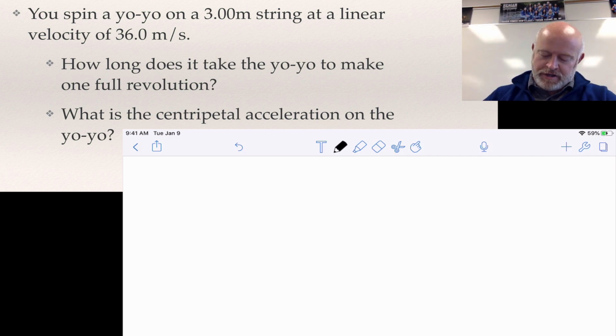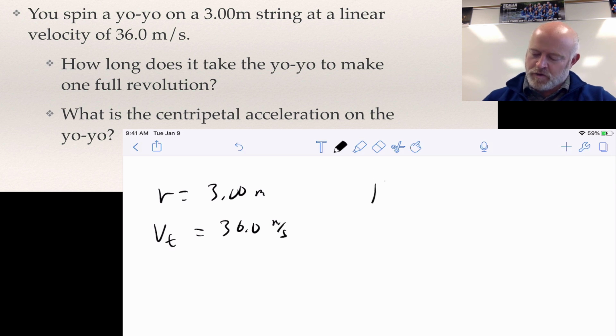We're given a radius of 3, and we're given the velocity tangent of 36.0 meters per second. If we go back to our equations, the velocity tangent is equal to 2 pi r over the period.